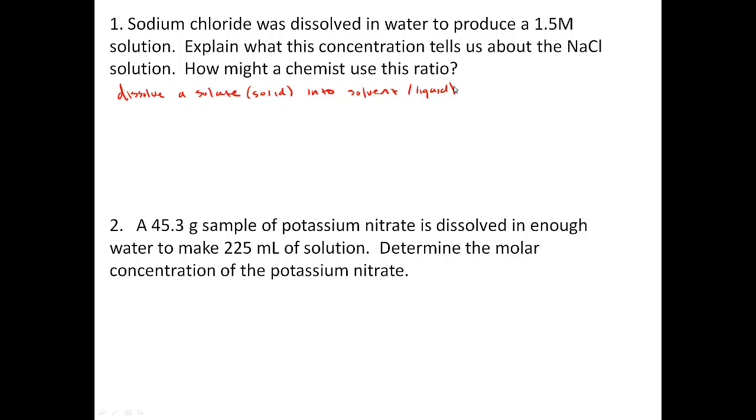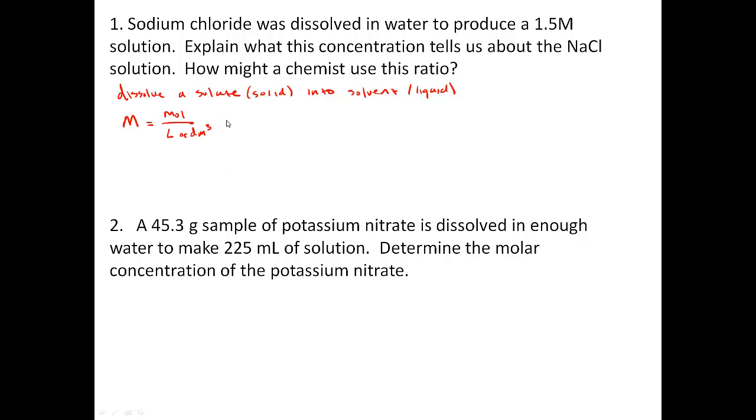Now, let's say that we're a chemist and we try to dissolve sodium chloride into water to produce a 1.5 M solution. Well, what does M mean? M, big M, equals moles over liters, or decimeters cubed if you're an IB student.